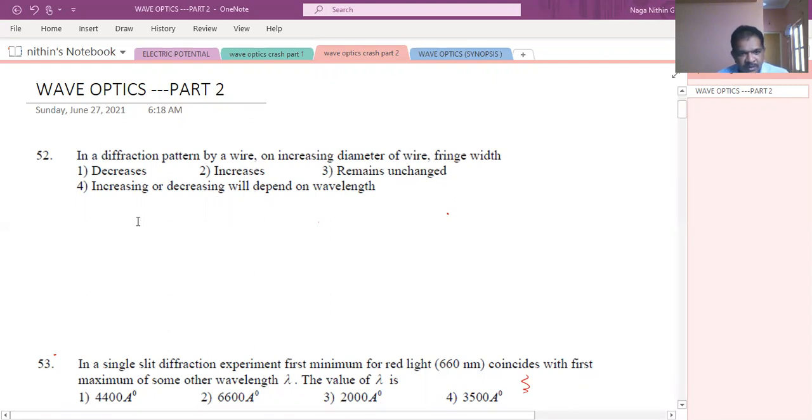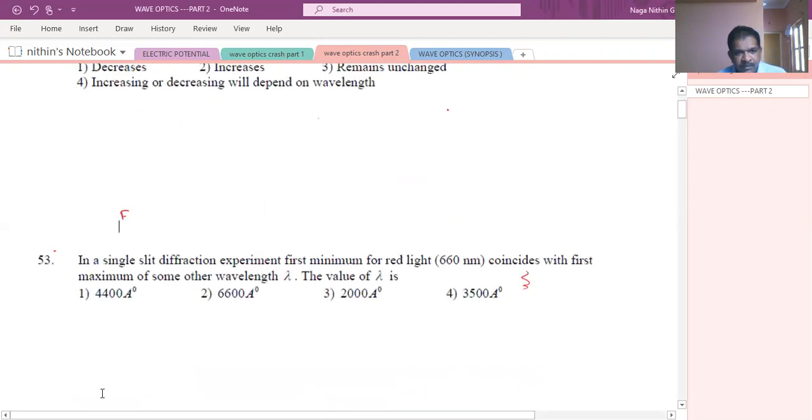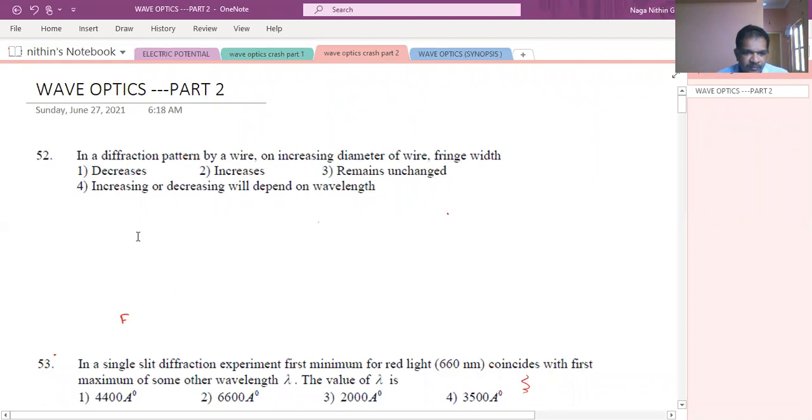In single slit diffraction, the formula for the fringe width will be beta is equal to lambda D by a. What is D here?